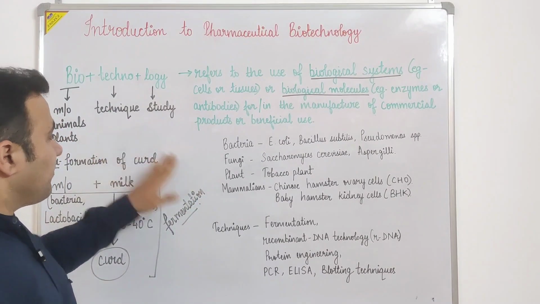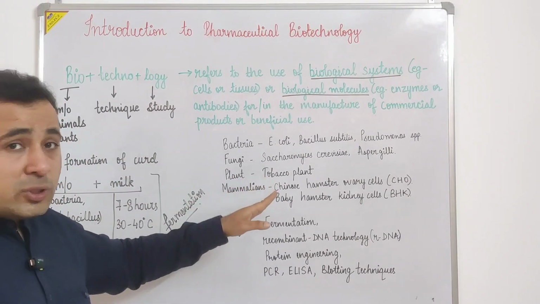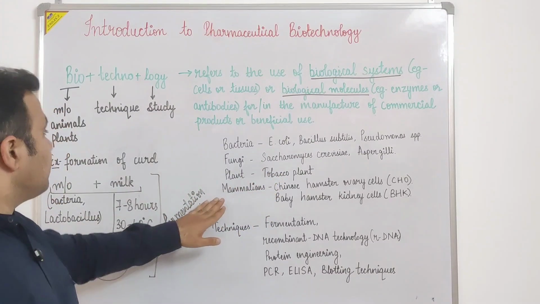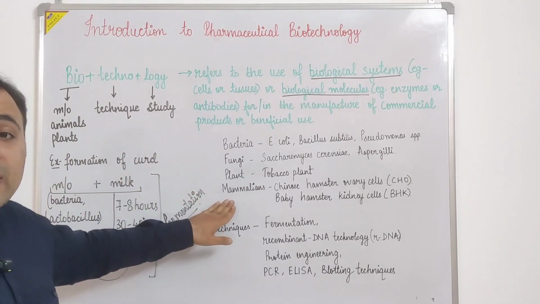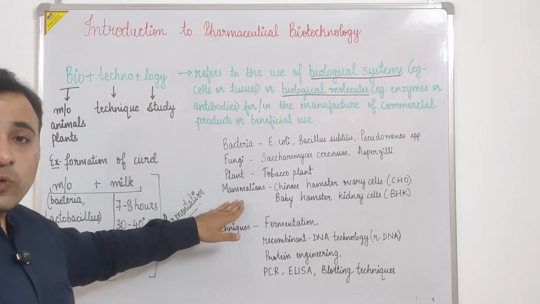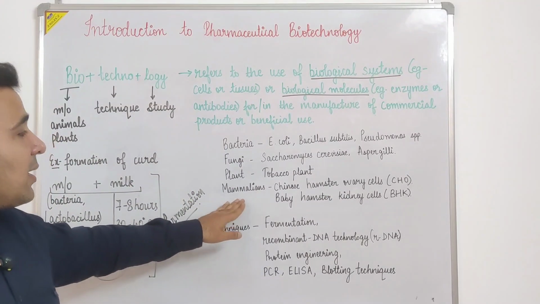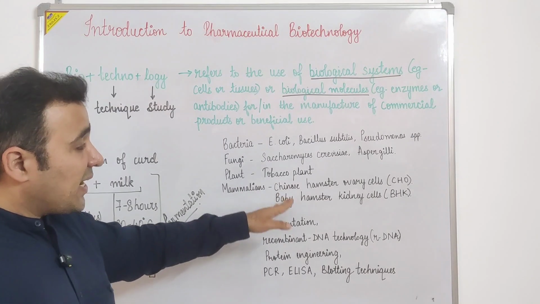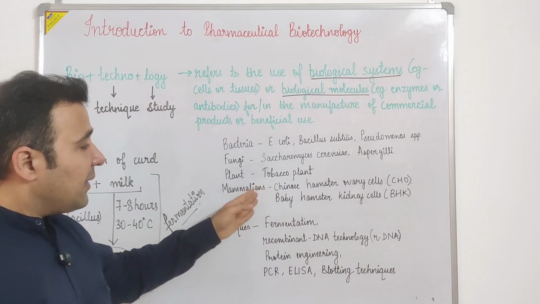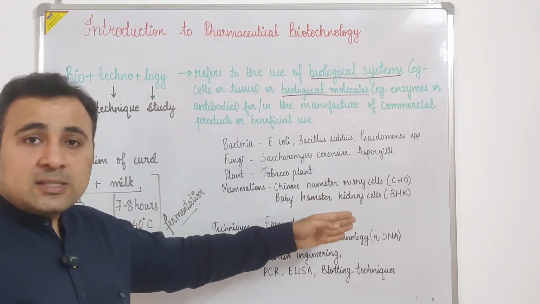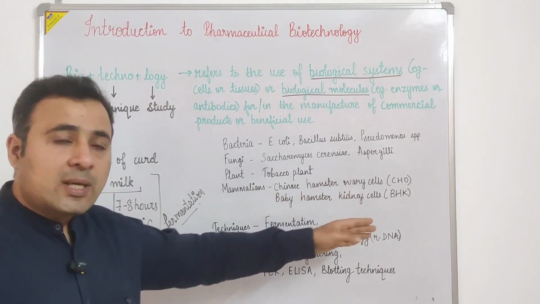Okay, then plants, we mostly use tobacco plant, and the animals or the mammalian cells which we generally use in biotechnology, for example, are Chinese hamster ovary cells. The short form for that is CHO, and then baby hamster kidney cells. The short form for this is BHK.